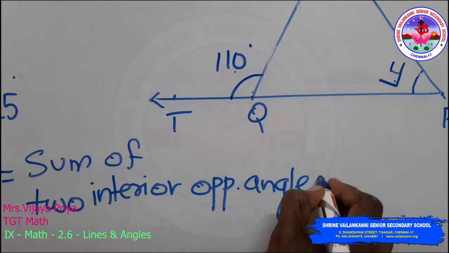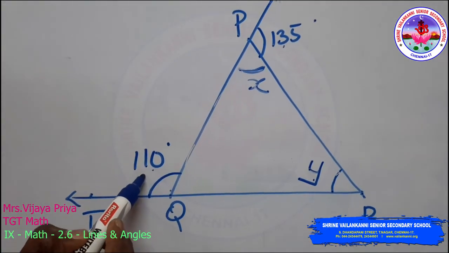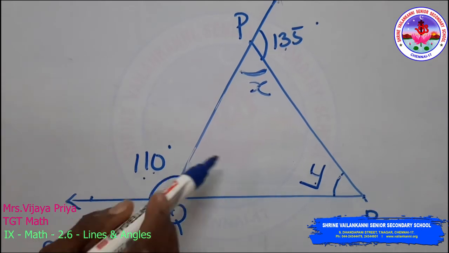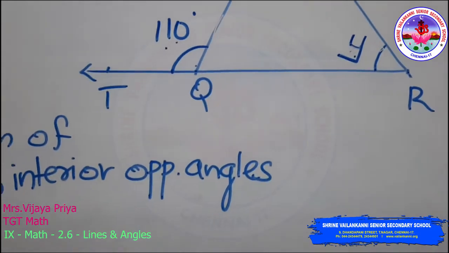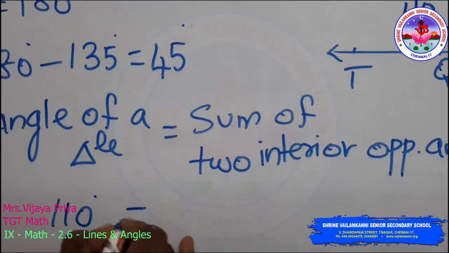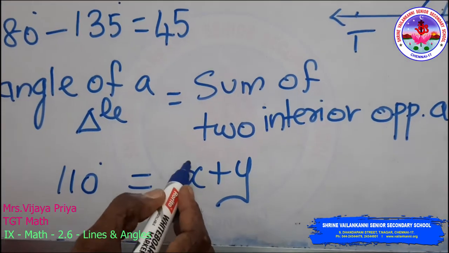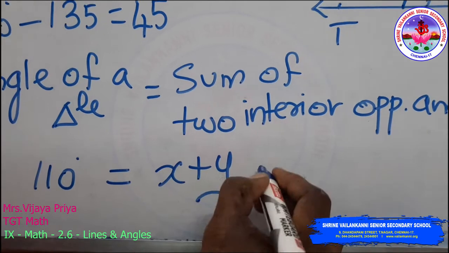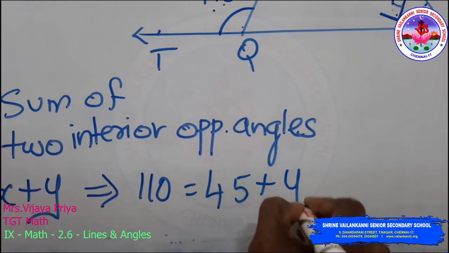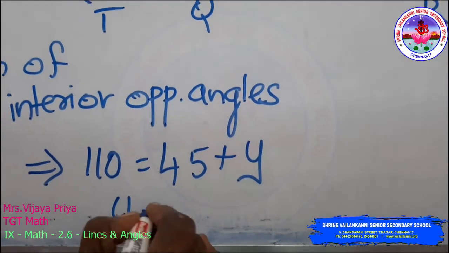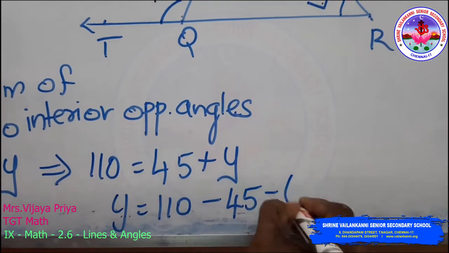Here 110 is the exterior angle, and the two interior opposite angles are X plus Y. Substituting the X value as 45, I get 110 equal to 45 plus Y. Bringing this 45 to the other side, Y is equal to 65 degrees.